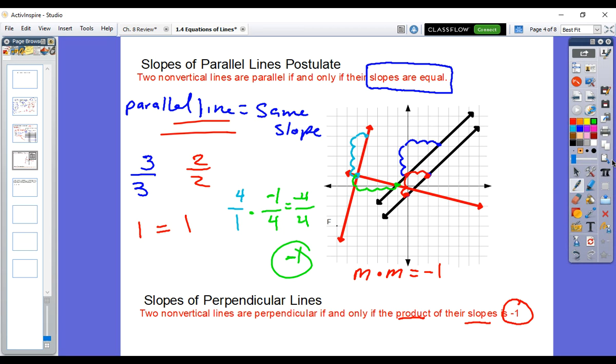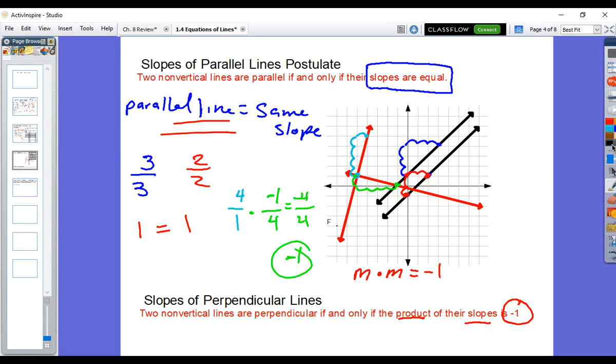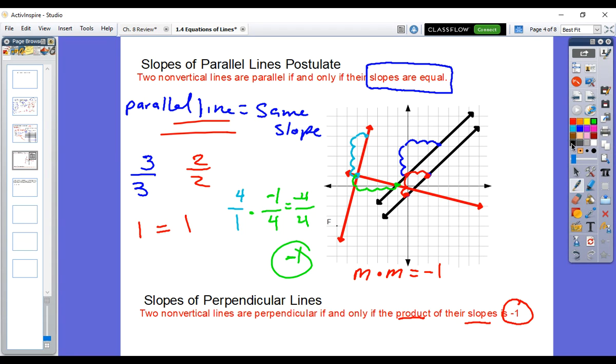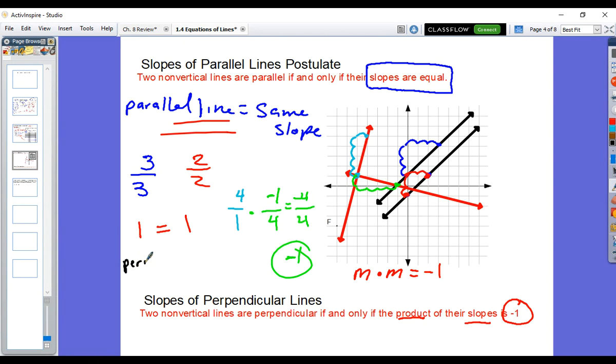Now, what's also great about this is the way you can think of them. When we say parallel lines equal same slope, with perpendicular lines, so perp, I'm going to abbreviate lines, they're negative reciprocals of each other.